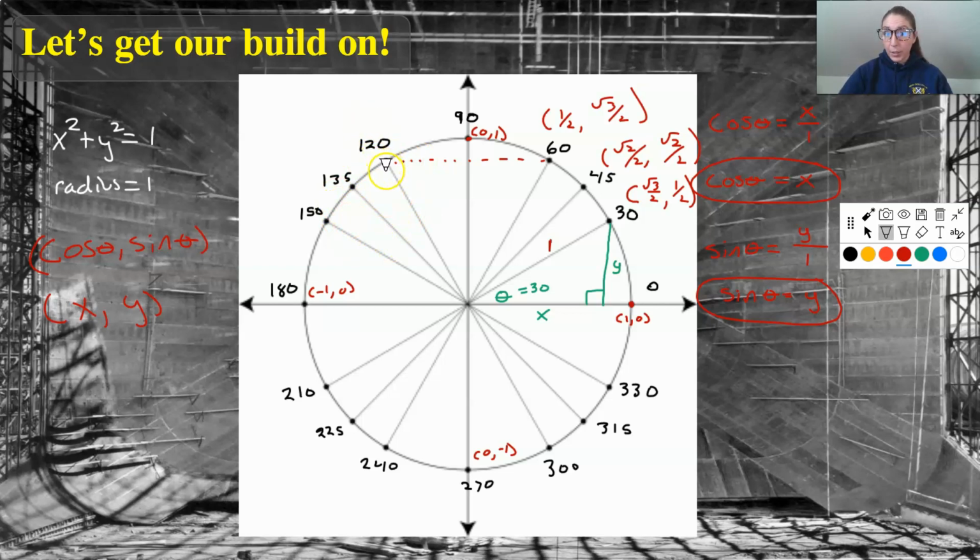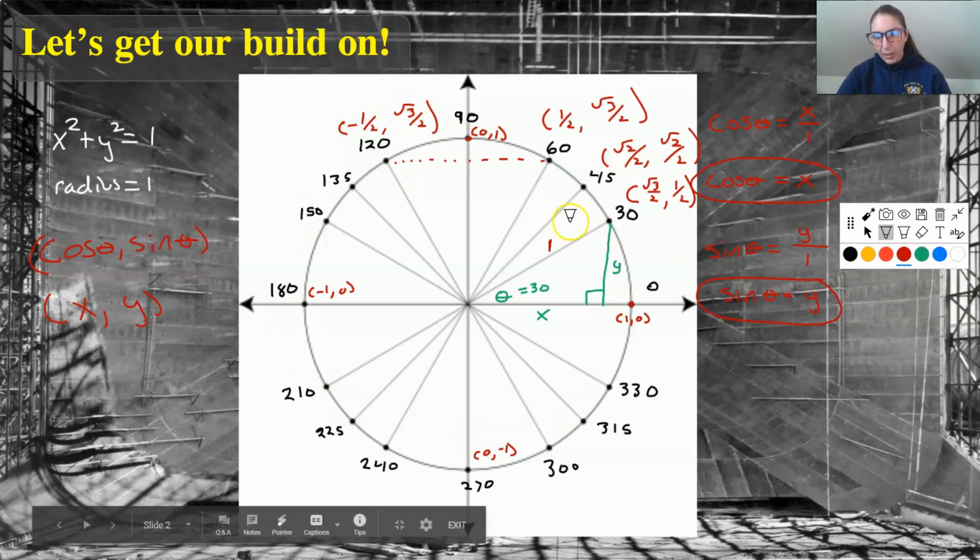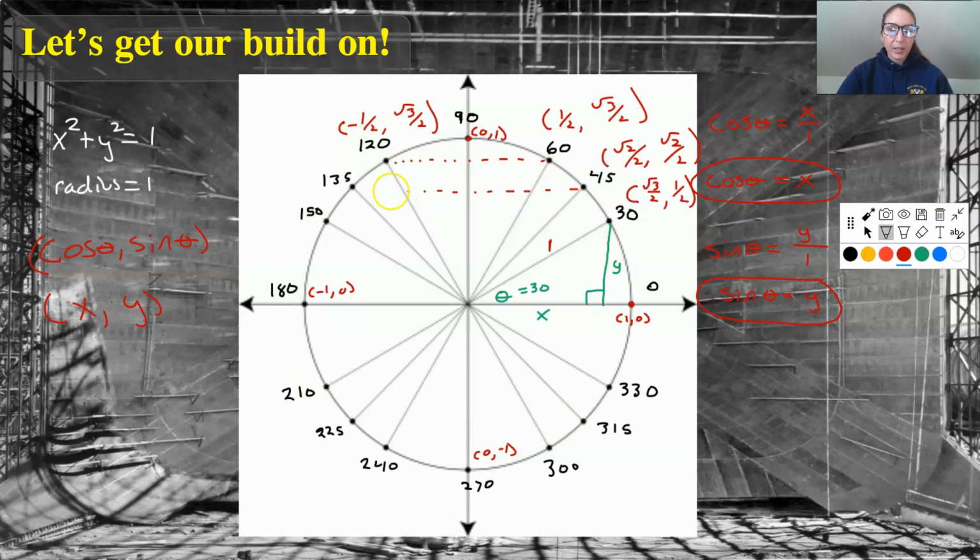So in quadrant 2, what do I know about cosine? Well, I know cosine is negative, so I'm going to take the same cosine, and now it's negative. What do I know about sine in quadrant 2? Well, sine in quadrant 2 is positive. So I'm literally just going to repeat all these values all the way across my circle, just using what I know about my reflections. Okay, and now these guys are reflections.